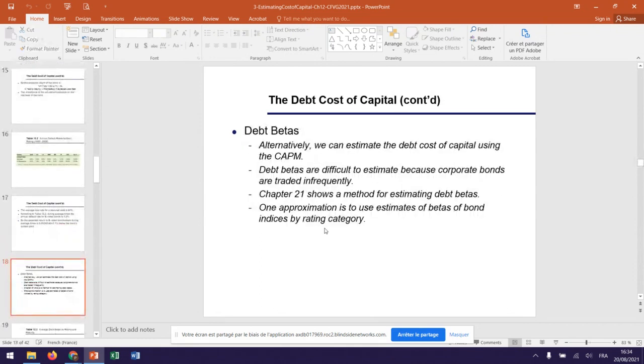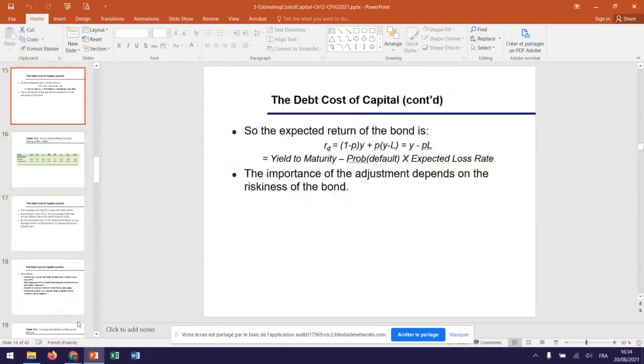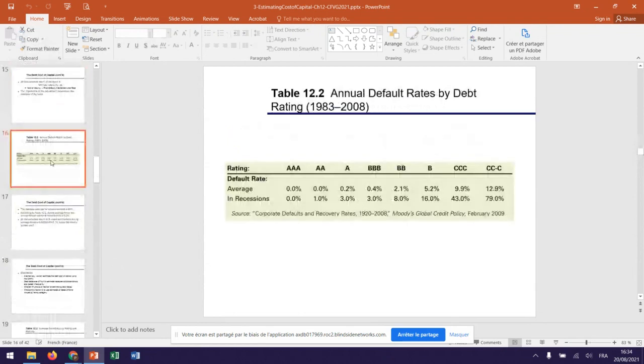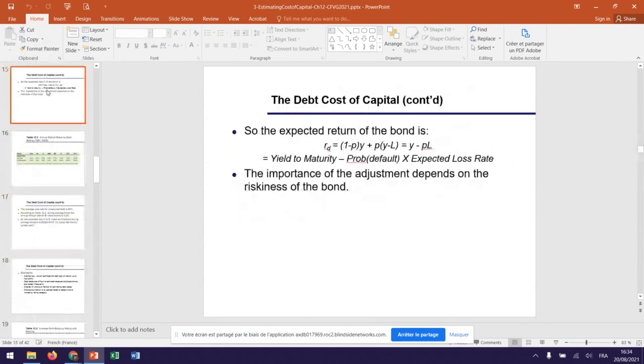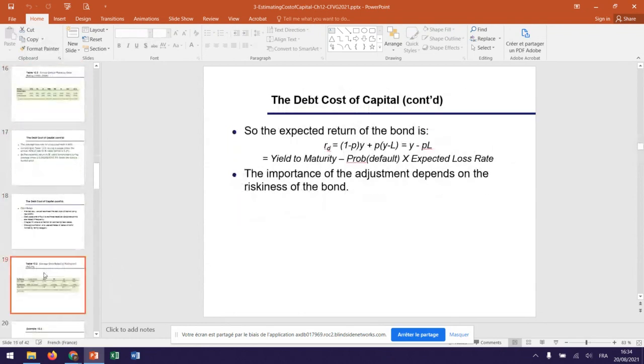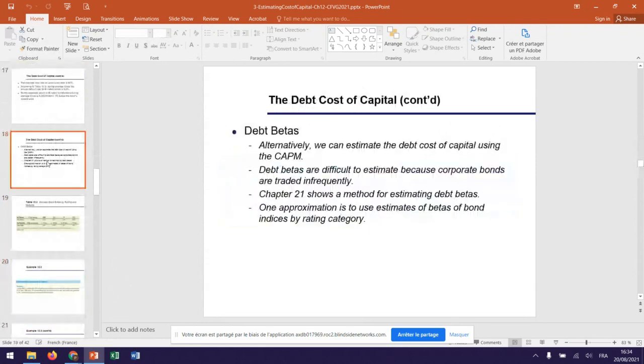So alternatively, this is a way you can calculate yield to maturity based on this formula. What we can do also is borrow the CAPM, which is normally a formula to estimate the equity cost of capital, right? Because it's derived from the stock, not the bond.